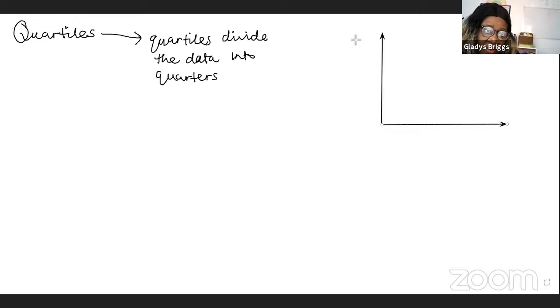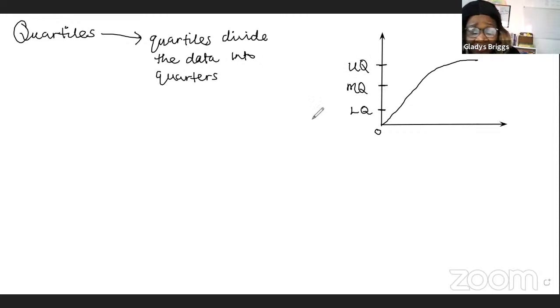Then maybe you have 0 here, and this one and this one in the middle and that one up there, and that curve going up and making that shape. So this would be the lower quartile, LQ. This would be the median or the middle quartile, MQ, and the upper quartile.